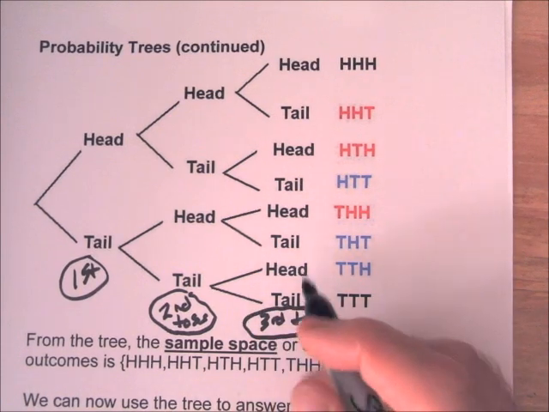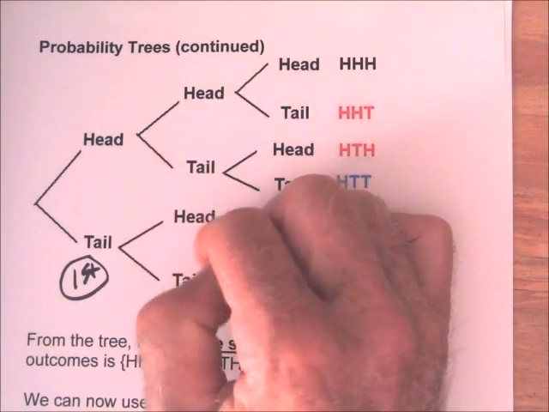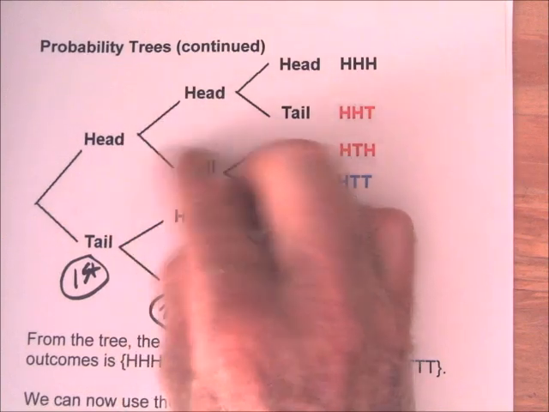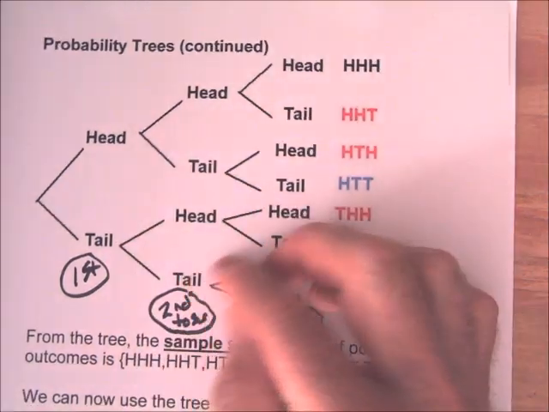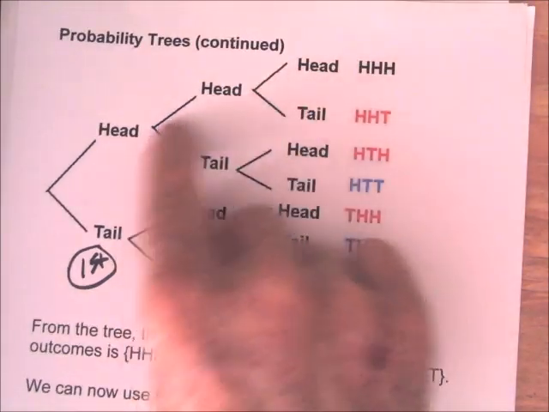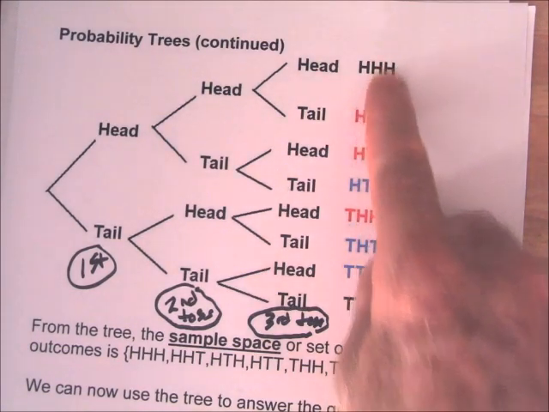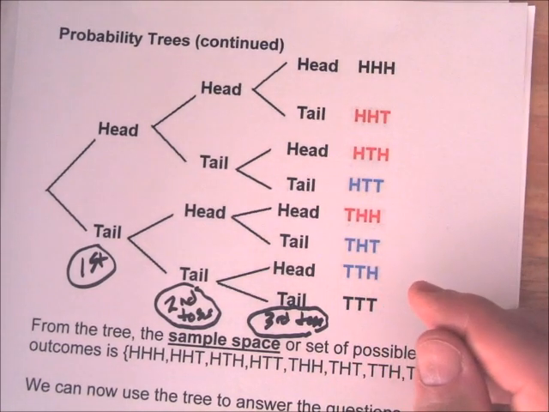When you flip it twice, then we have 4 possibilities: head, head, head, tail, tail, head, tail, tail. If you flip it 3 times, now we have 8 possibilities: head, head, head, head, head, tail, tail, head, and so forth. So the sample space would be a set of these 8 possible outcomes.